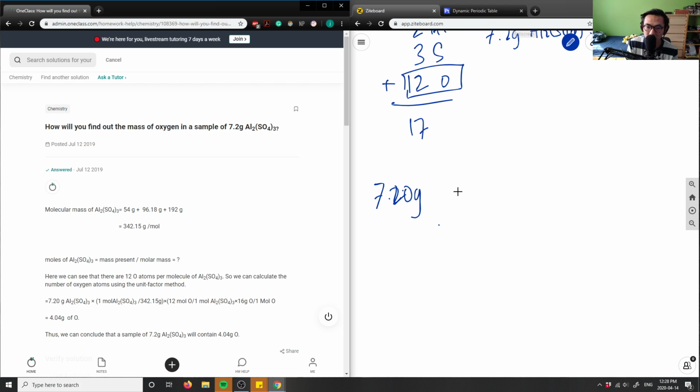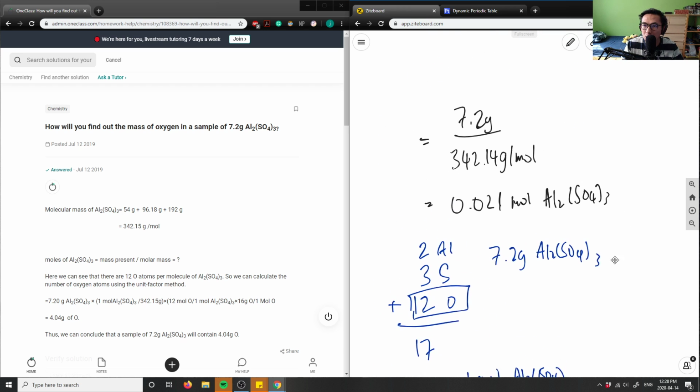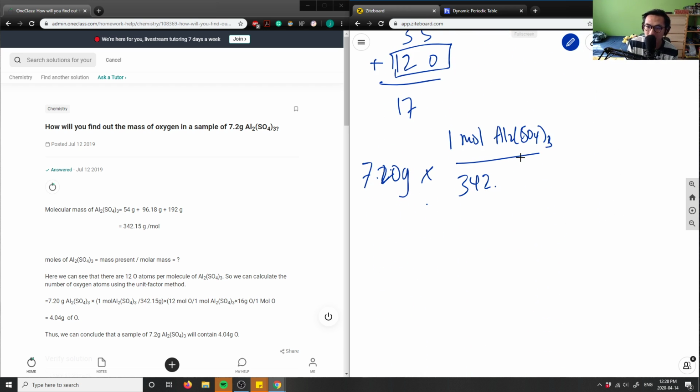Of aluminum sulfate, 7.20 times, I can assume that there's 1 mole of Al2(SO4)3, divided by the molar mass, which is 342.14. And then we can multiply that by 12 oxygens per 1 mole. And then we can multiply this by 16 grams per mole, right?